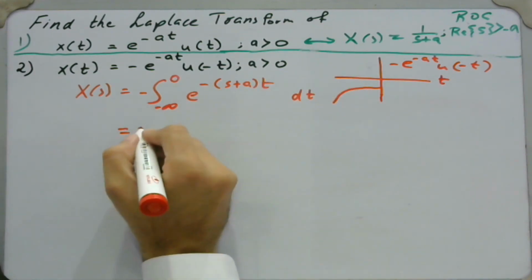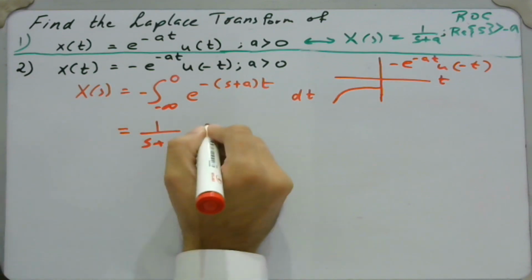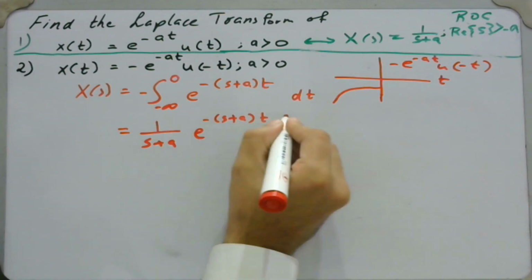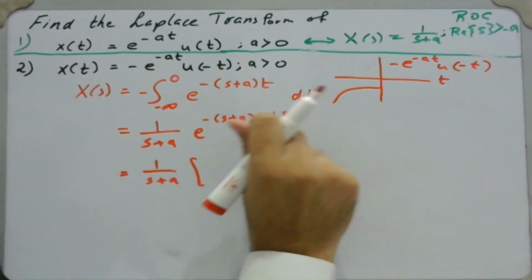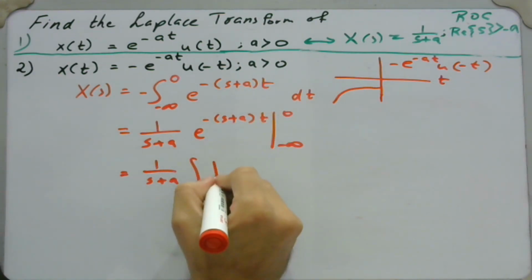Again, if we integrate this, we would have 1 over s plus a, and the limits would be minus infinity to 0. Again, if we put the time equal to 0, this whole thing would simply be 1.